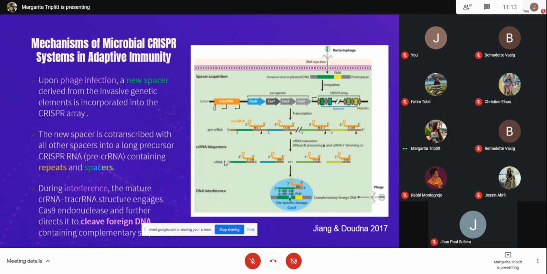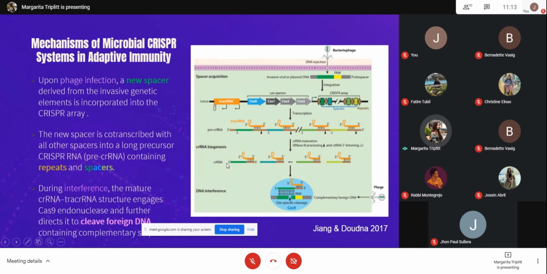So in expressing the Cas genes and also the tracer RNA gene and also the spacers, the spacers are co-transcribed with all other spacers into a long precursor CRISPR RNA or pre-crRNA.